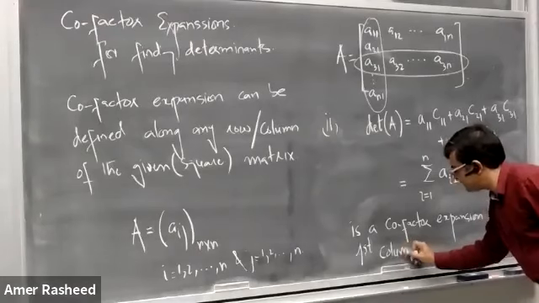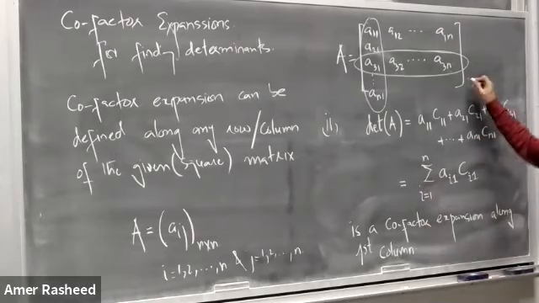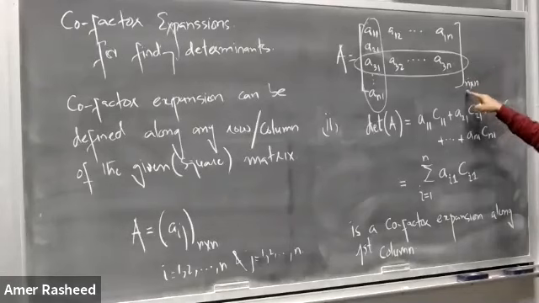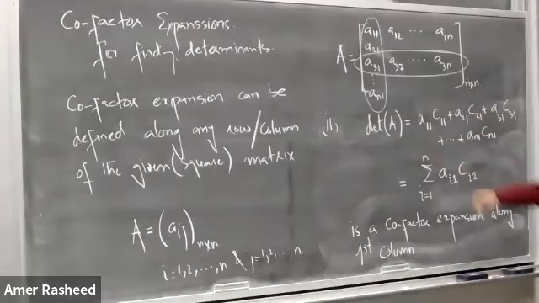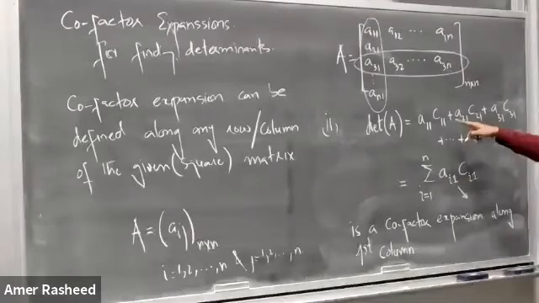M नहीं होगा? Nah, it's a square matrix. इट्स अ स्केयर मैट्रिक्स। दोनों का ऑर्डर क्या है? n क्रॉस n है। दोनों की जो इंडेक्स है वो i 1 से n और j 1 से n है। सो n is fixed because it's a square matrix. So now you can see here that this j is fixed, column is fixed. What is varying now here? I. If we open this expansion, we get this thing.